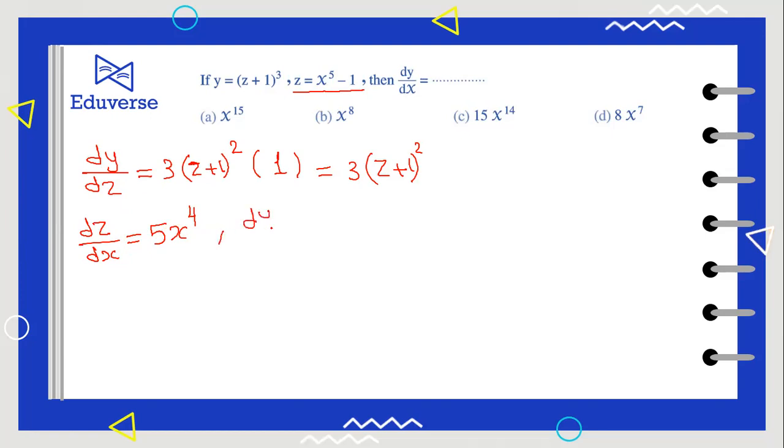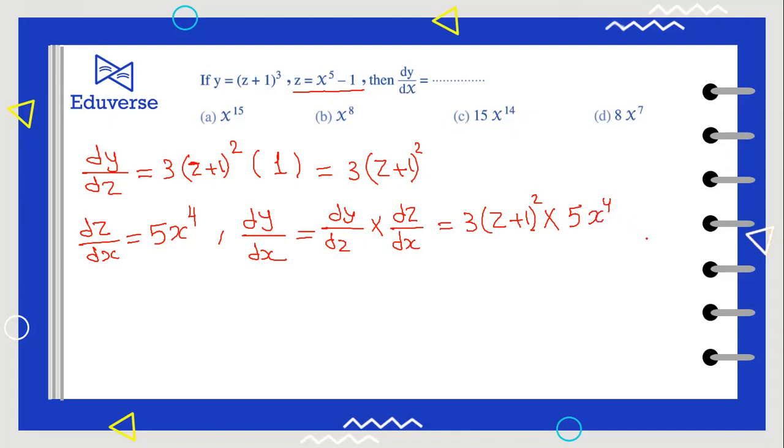Then I want to find dy by dx, the product of them, dy over dz multiplied by dz over dx. The first expression is 3 multiplied by (z plus 1) squared, multiplied by the second expression, 5x to the power 4.